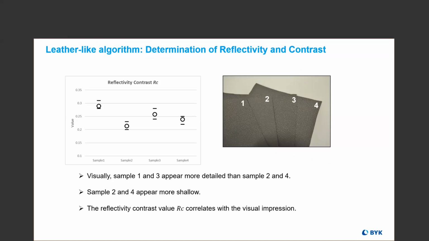So the higher the difference in the reflectivity between the high points and the low points, the higher the perceived depth of the grain. And this is another part of the reason why we use mean cell amplitude or perceived amplitude rather than the actual amplitude, because we want the measurements to reflect what we see visually.